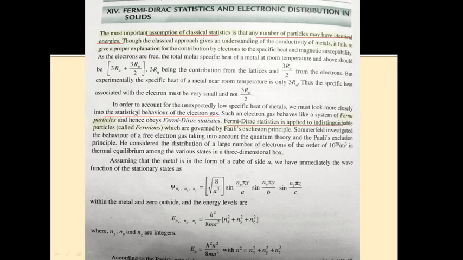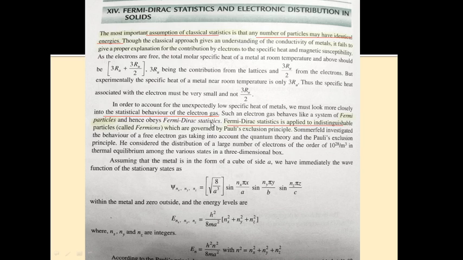If you look at it statistically, the electron gas is not exactly analogous to a normal ideal gas where the molecules don't have any charge. Here the electrons carry a charge, and therefore you cannot use normal Boltzmann statistics, but you should go with fermion statistics, because electrons resemble fermions, and therefore Fermi-Dirac statistics should be involved.